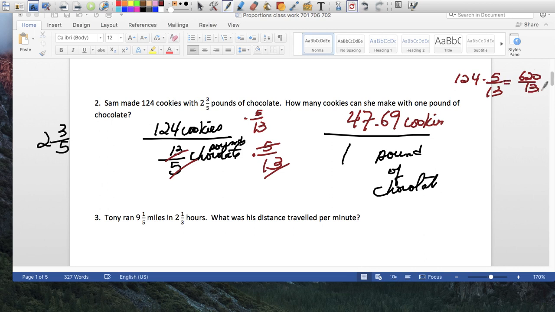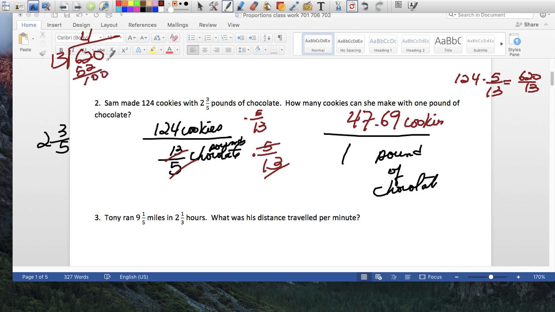If I change that to a mixed number, I need 620 divided by 13. Let me just do that on the side. 13 times 4 is 52, so that'd be 100 left over.